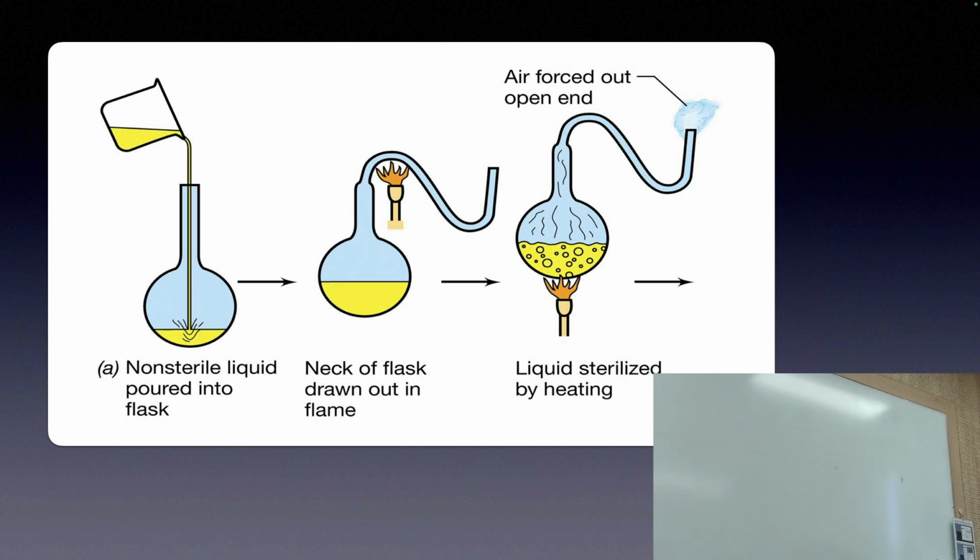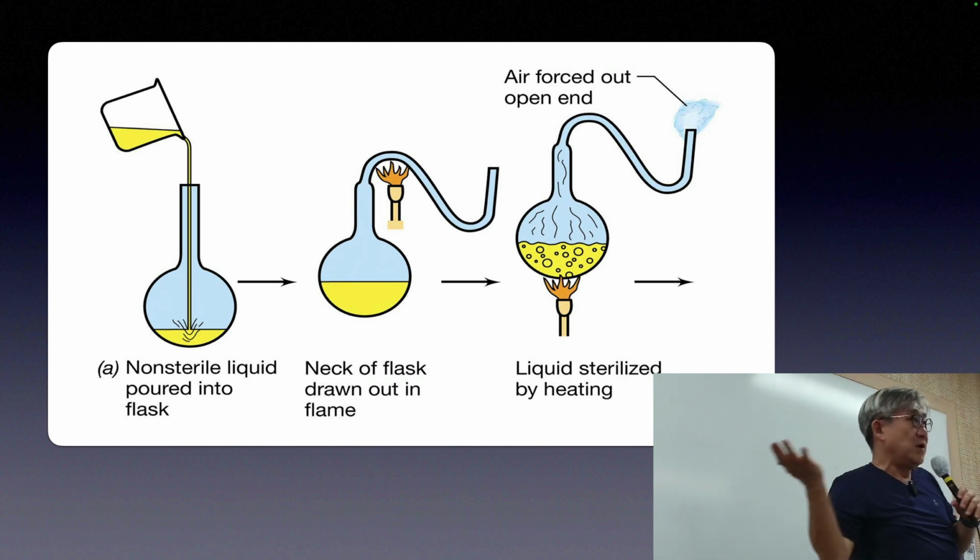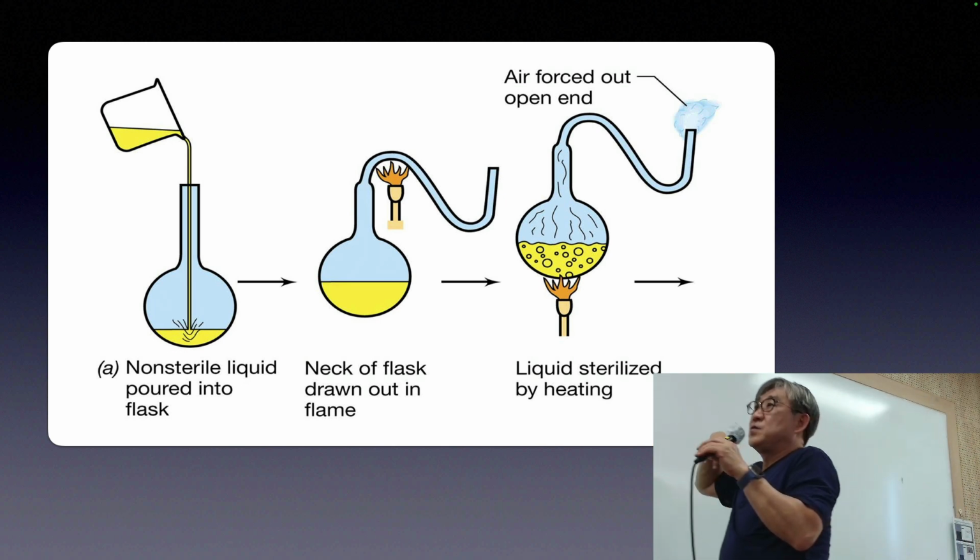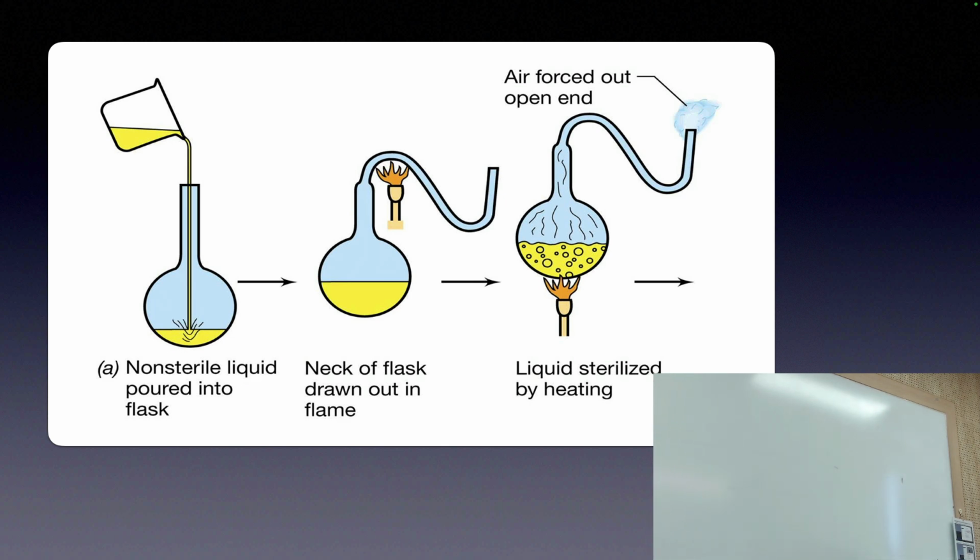But the big problem is this. The second step that he needs to show is that the new life form can come from the outside, the external source of contamination to initiate this new growth.